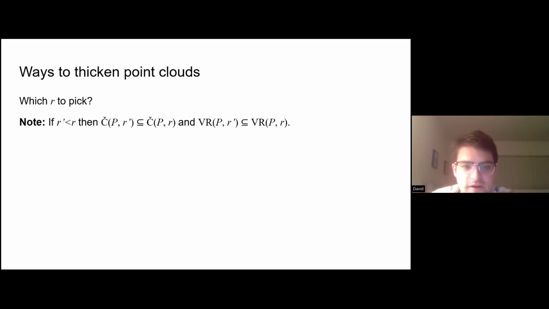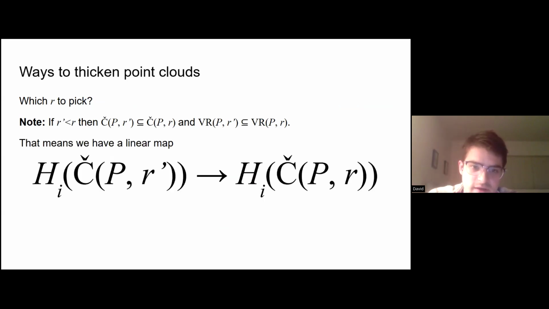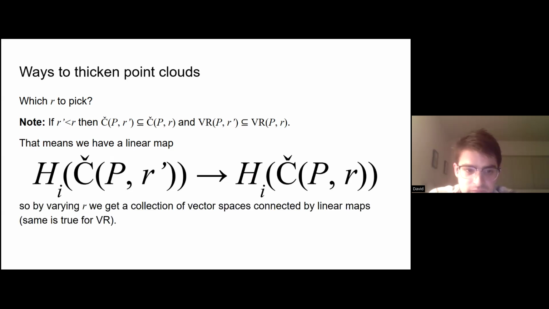This means that at the level of homology, I get a linear map between the vector spaces given by increasing the radius. So by varying r all around, you get a bunch of vector spaces that are connected by linear maps. Anytime you have an increase in r, that corresponds to some linear map. And this is true for Čech and Vietoris-Rips constructions.